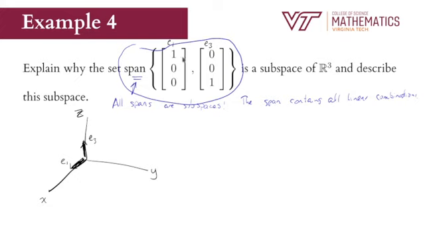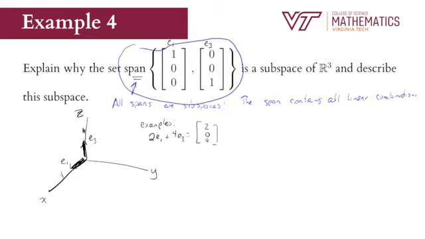And if I take a linear combination of these, for example, 2 times E1 plus 4 times E3, well, that's just the vector 2, 0, 4.